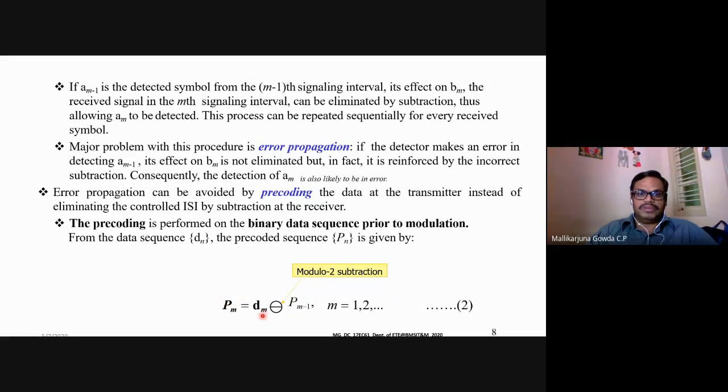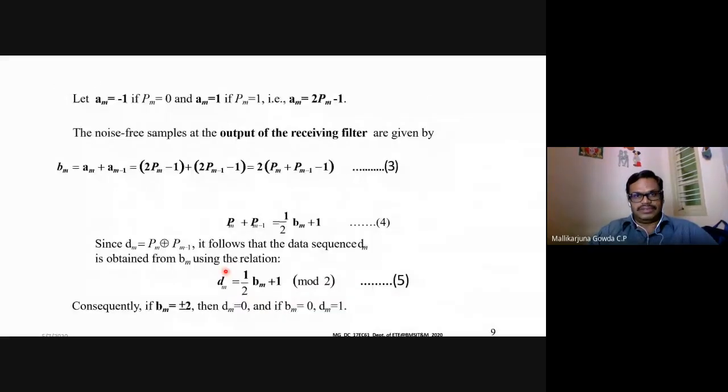How do I pre-code a sequence? The present pre-coded sequence will be equal to the modulo 2 subtraction of the present input data sequence and the previous coded sequence, for different values of m. Let me go through the equations, then I will do the example. I hope this is clear.